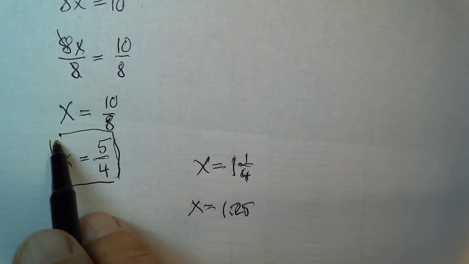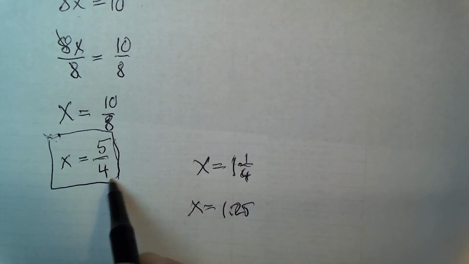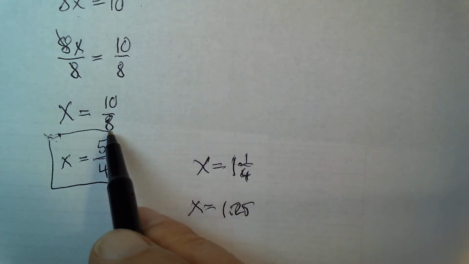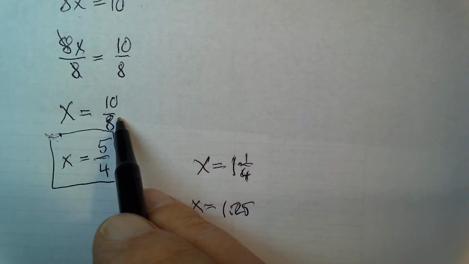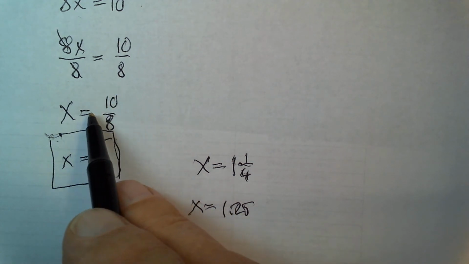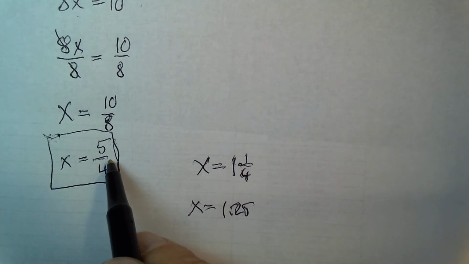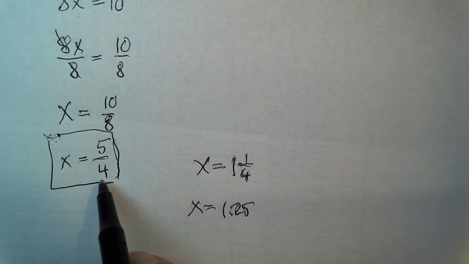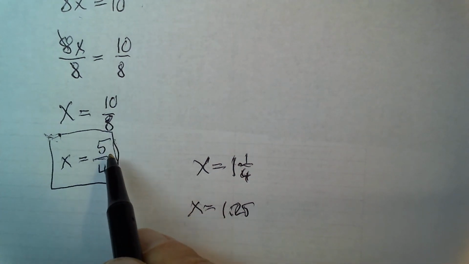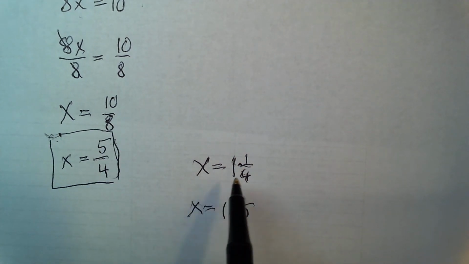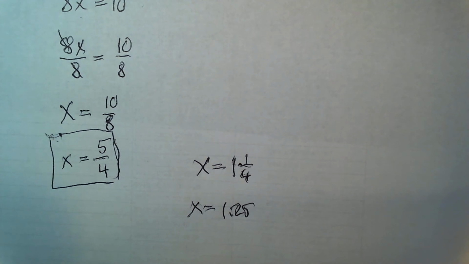Typically, unless it's specified otherwise, just leave it as an improper fraction, but always reduce it. So you need to understand the difference between a fraction which has not been reduced and one that has been reduced, and an improper fraction. This, of course, is an improper fraction also, but we want to reduce it, and again, typically leave it in that form of an improper fraction.